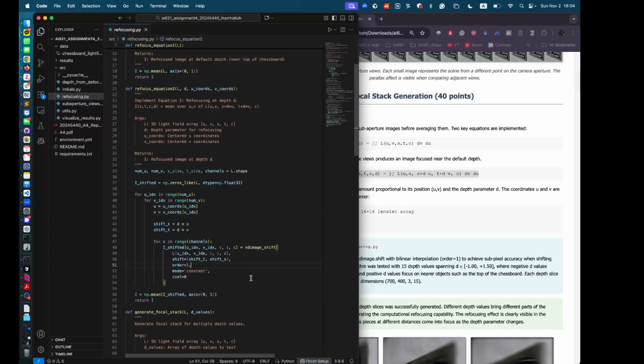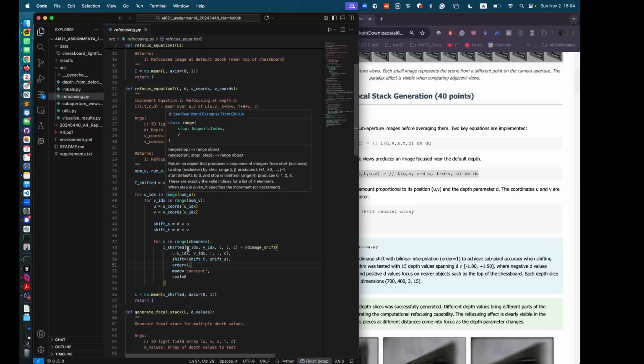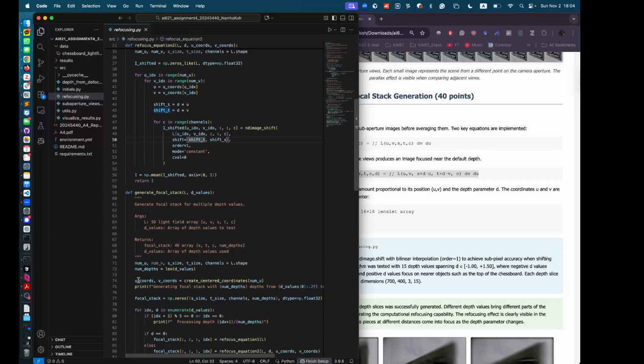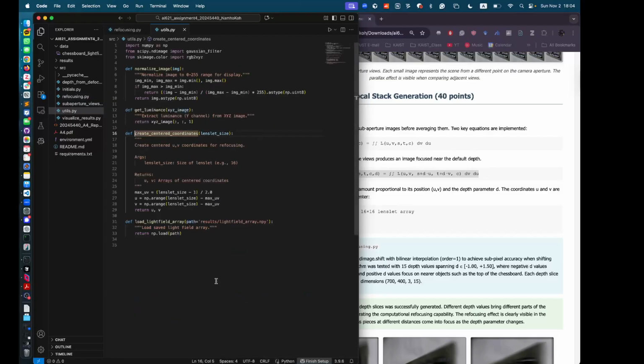So for each sub-aperture, we shift the image by an amount proportional to both the aperture position, UV, and the depth parameter, D. And moving forward, in line 74, we show how we use the utility function to create centered coordinates. Essentially this enables us to center the aperture coordinates.